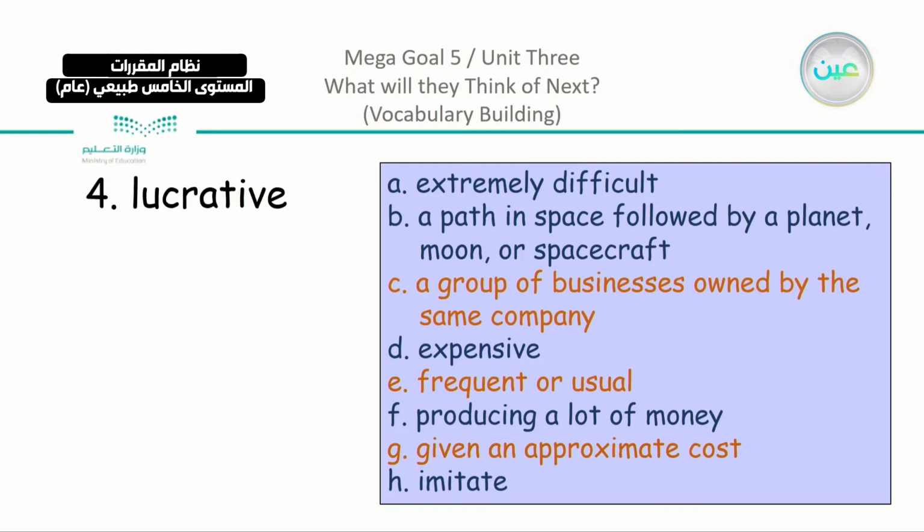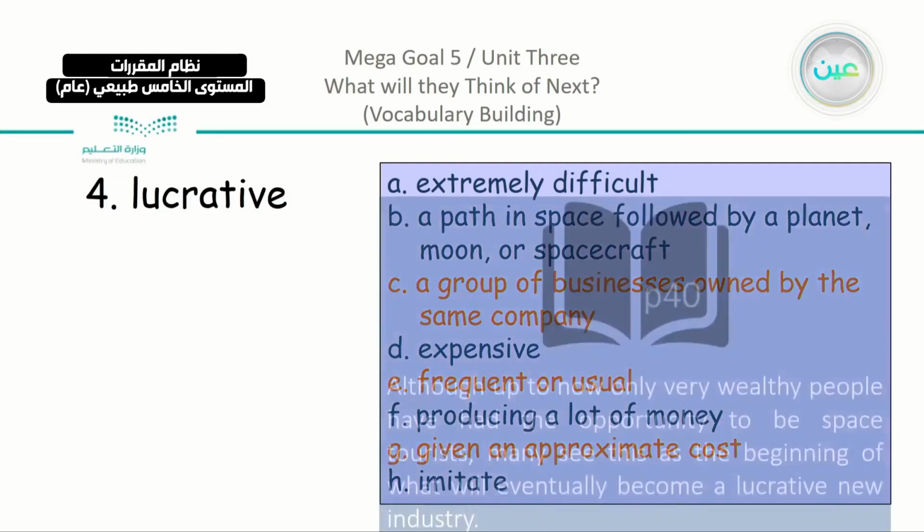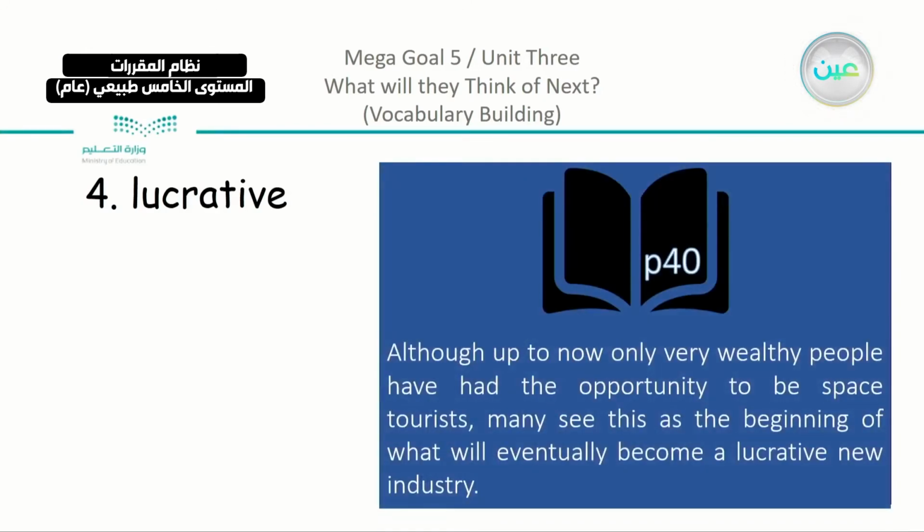yes, you can read this word, lucrative. Lucrative here is an unusual word. We don't use it all the time. So we are going to look at the reading part like the book instructed us. Now here in the book we have, although up to now only very wealthy people have had the opportunity to be space tourists, many see this as the beginning of what will eventually become a lucrative new industry.